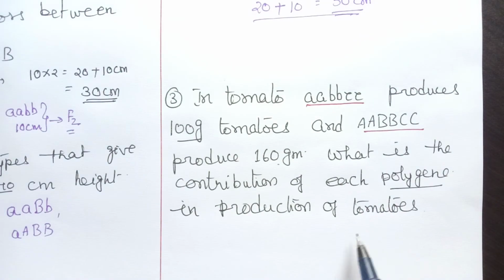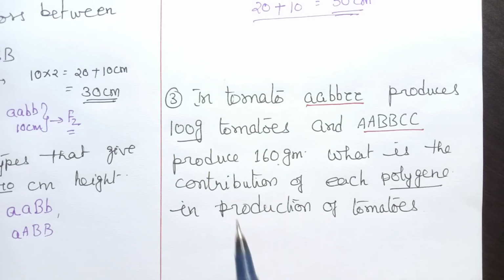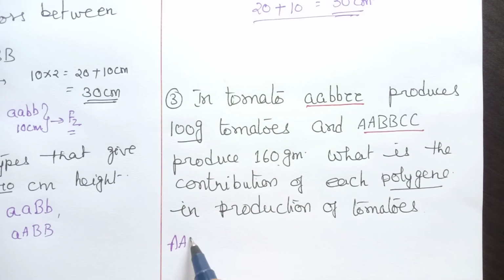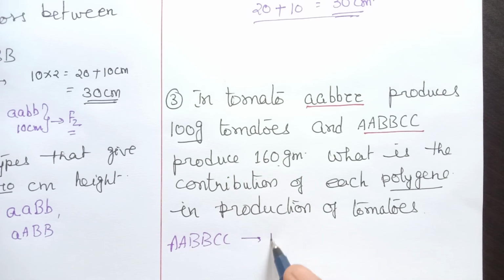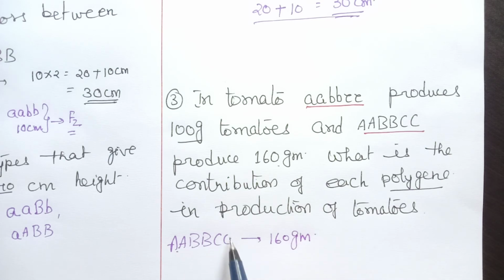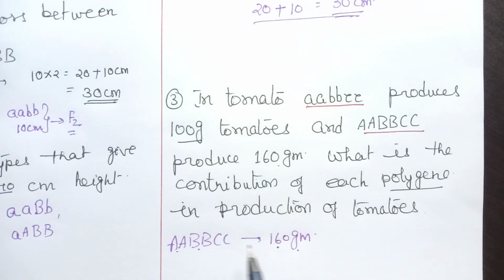Let us now try to do. So total 160 is given for this genotype and it can produce 160 grams. When we have to get the contribution of polygene, we have to subtract the base weight here. In the previous question we added, but here we have to find out individually the contribution of the dominant allele.